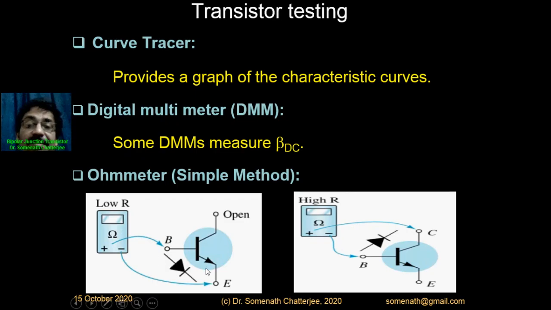If a low resistance occurs between base and emitter, because if you give the forward bias it should be low resistance, and similarly between base and collector with reverse bias, a high resistance will occur, then this part is the collector lead and this is the base. So you can easily identify how things are happening using the ohm meter or the digital multimeter.